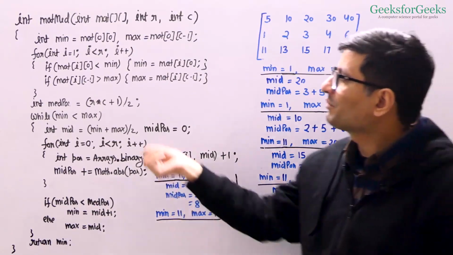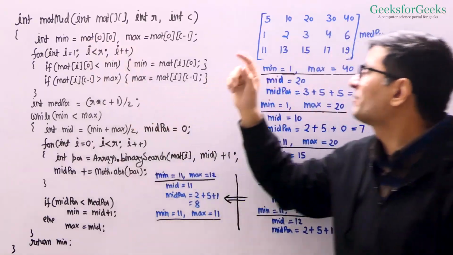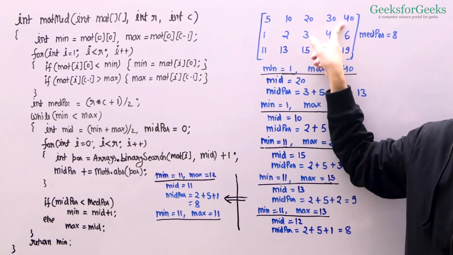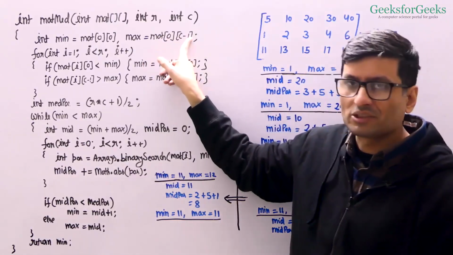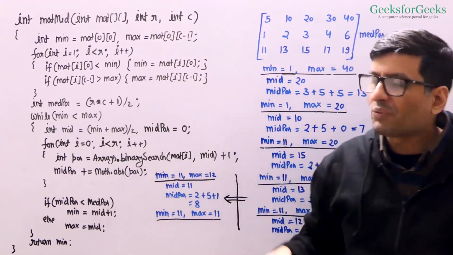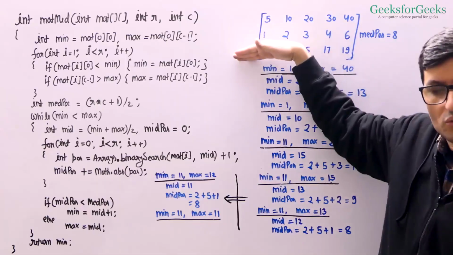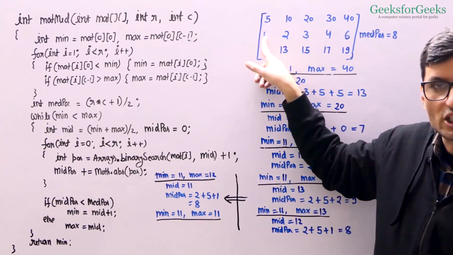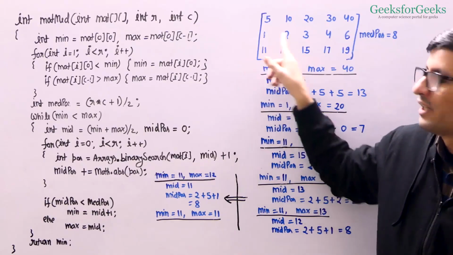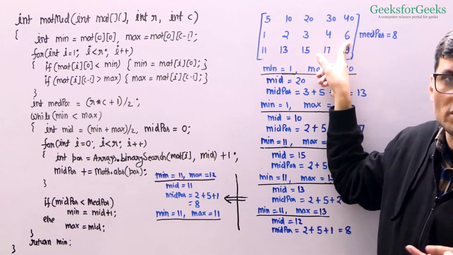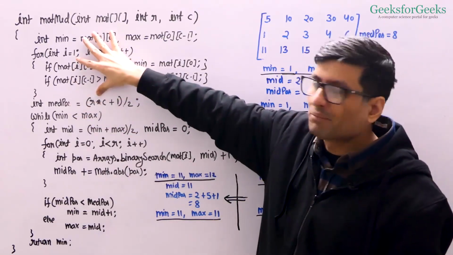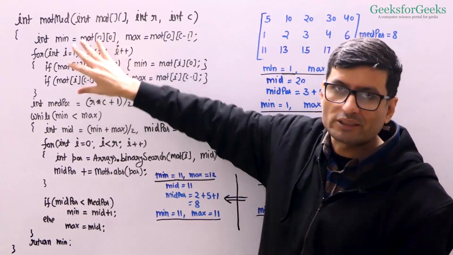So we initialize the minimum element as the first element of the first row and the maximum element as the last element of the first row, that is 0, C minus 1. After that, we run a loop from the second row onward, and in every iteration we compare the first element of the current row with the min and the last element of the current row with the max, and we update min and max accordingly. So after this loop, we have the minimum and maximum elements in the matrix.